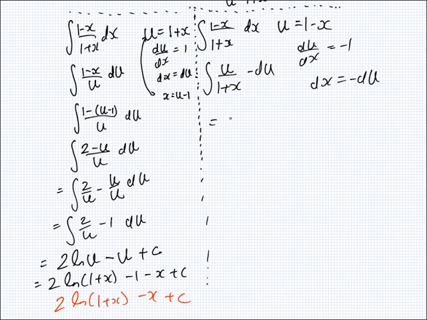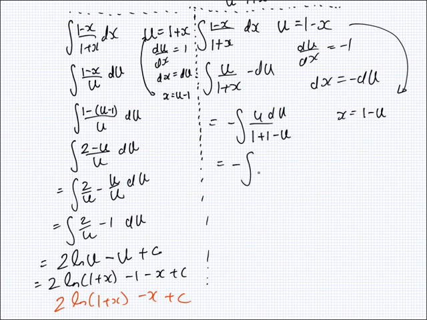So that becomes minus integrate u du over, and now we have to fix 1 plus x. The same thing as before: x is equal to 1 minus u. So this is 1 plus 1 minus u. So that's equal to minus integrate u over 2 minus u du.